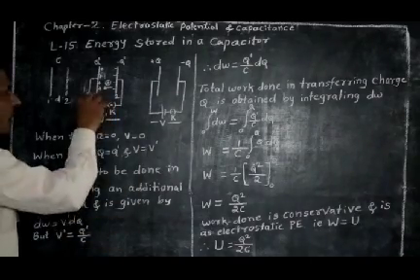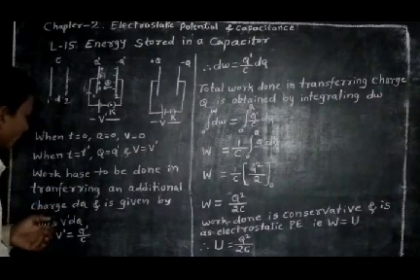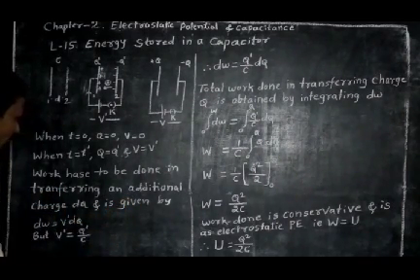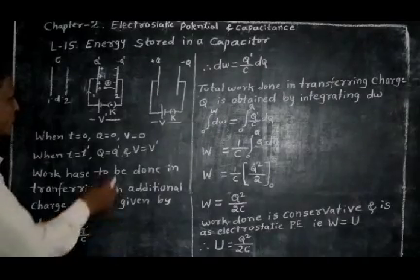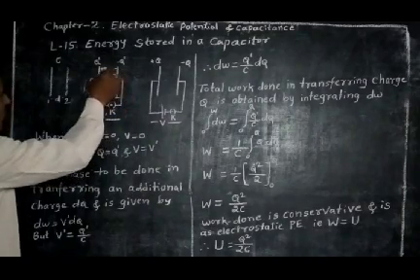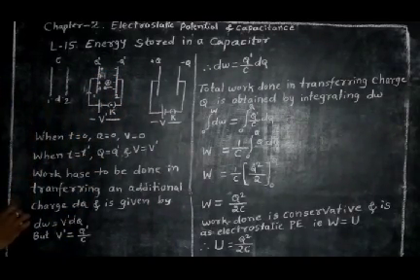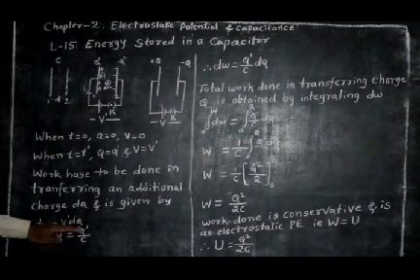To transfer additional charge dq, work has to be done and is given by dW equal to phi dash into dq. Phi dash is the potential difference and dq is the charge to be transferred from the second plate to the first plate.